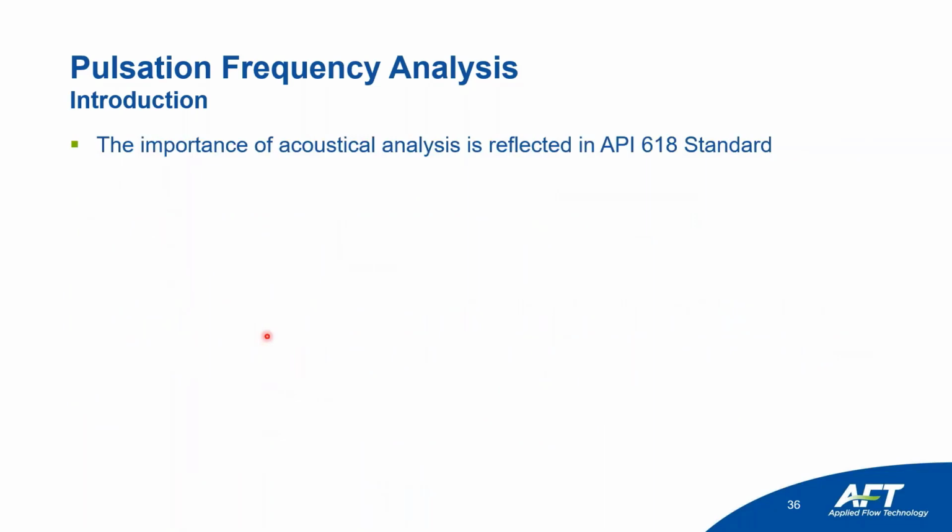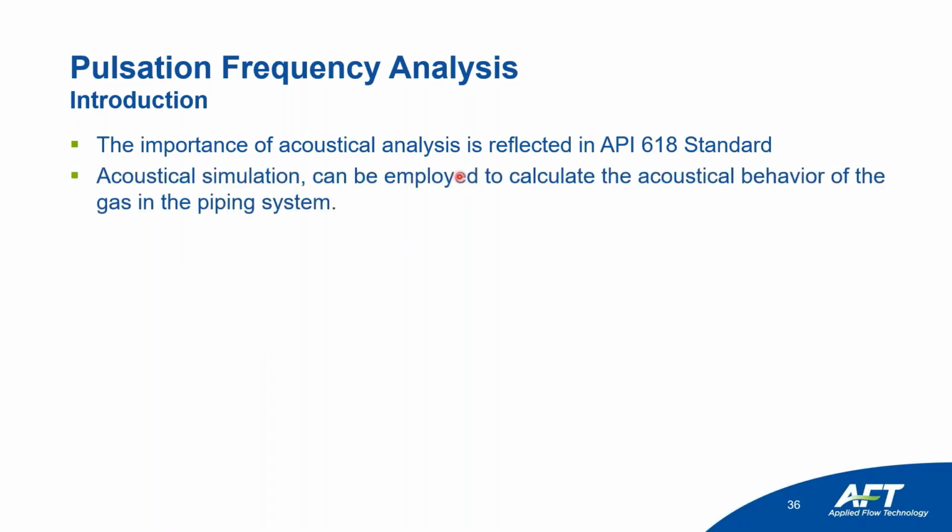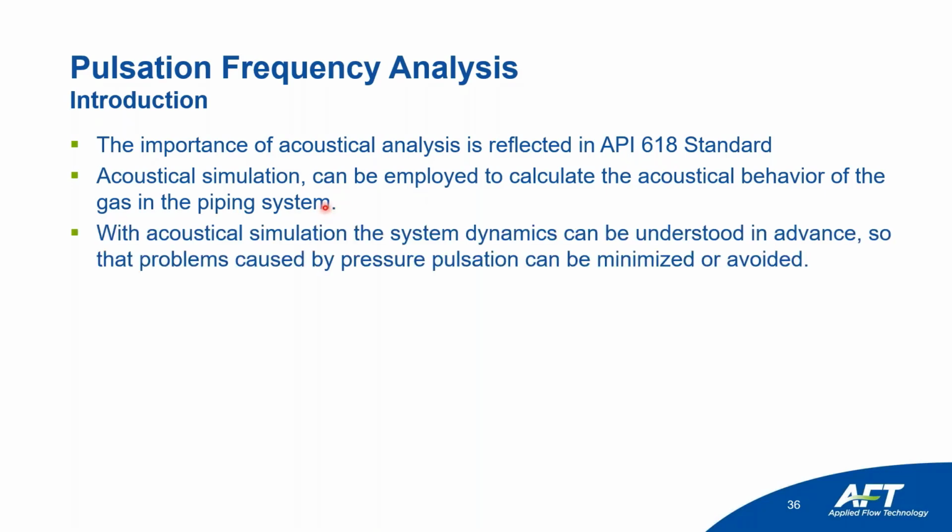The importance of acoustical analysis is reflected in the API 618 standard. Acoustical simulation can be employed to calculate the acoustical behavior of the gas in the piping system. With acoustical simulation, the system dynamics can be understood in advance, so the problems caused by pressure pulsation can be minimized or avoided.